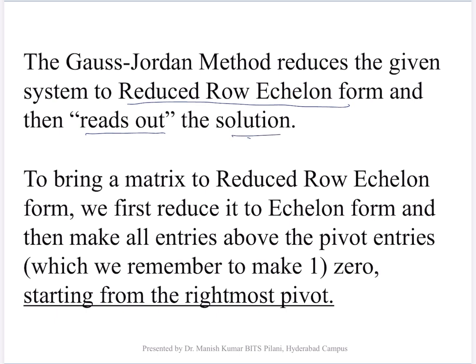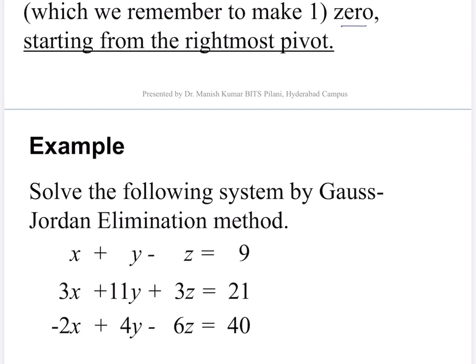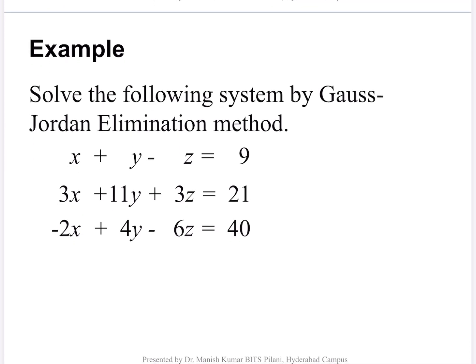To bring a matrix to reduced row echelon form, what we do first, we first reduce it to the echelon form, right, and make all entries above the pivot entries 0, right, which we will do starting from the rightmost pivots, right? We are starting from the rightmost pivot and then reaching towards left side. Okay, so let us understand with example.